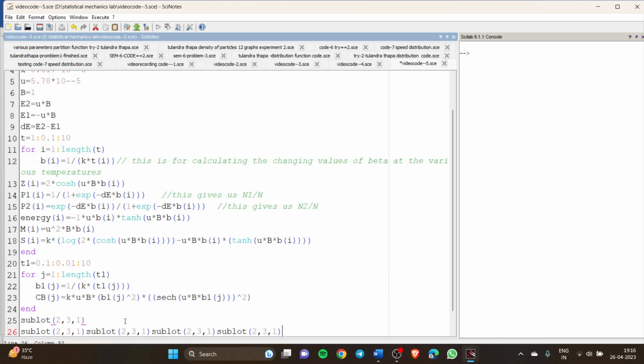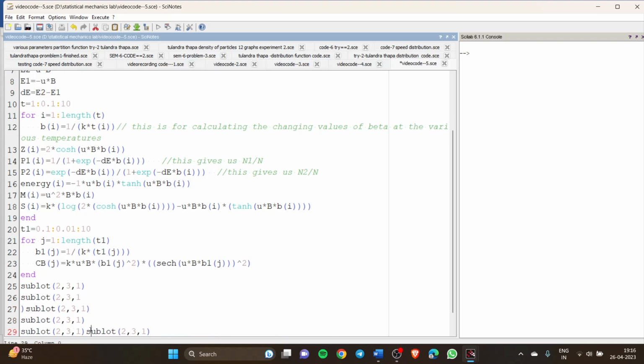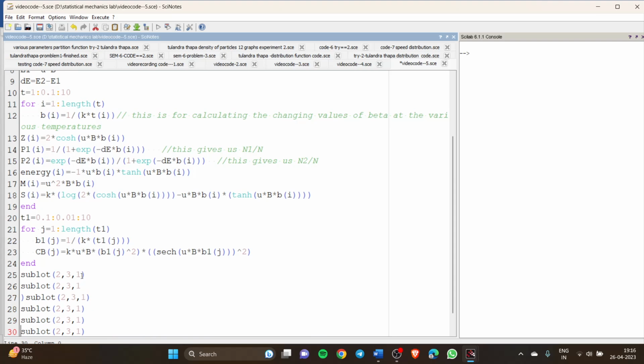Control V, Control V, Control V, Control V, Control V. So these are the graphs. Now we have 1, we have 2, here we have 3, here we have 4, here we have 5, here we have 6. So 6 graphs are to be formed.